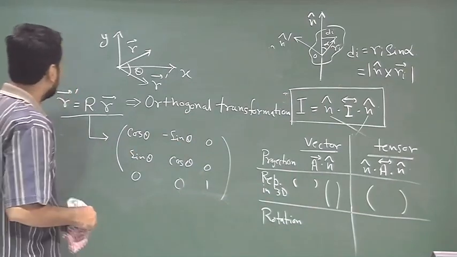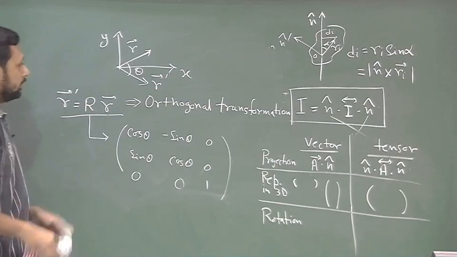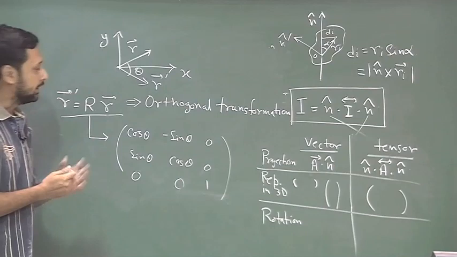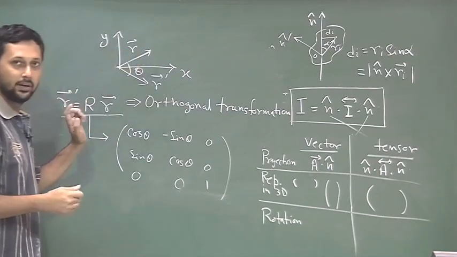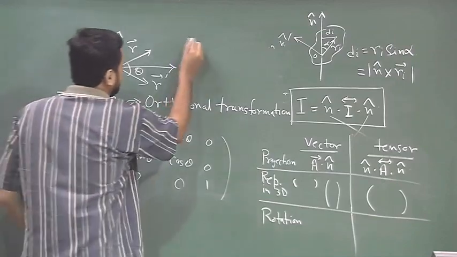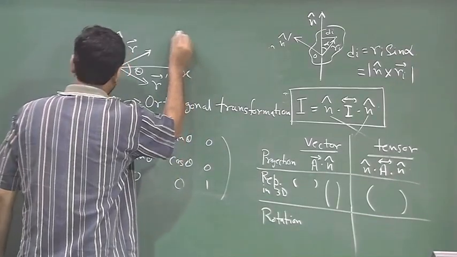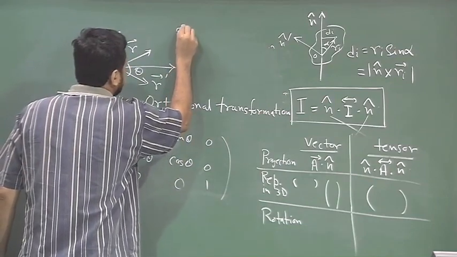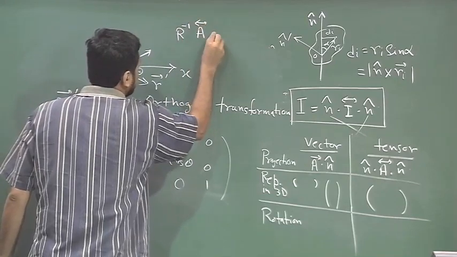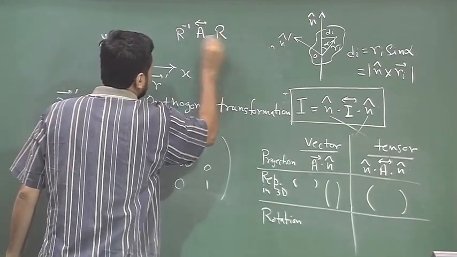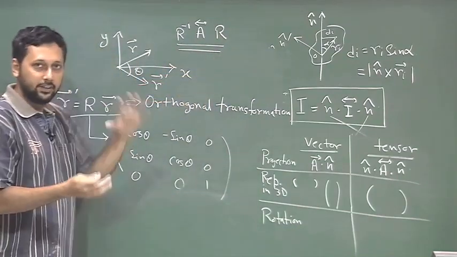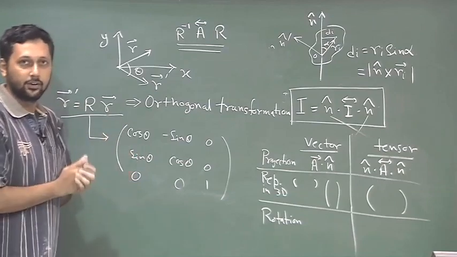But what is important is, if we want to rotate a tensor in 3D, how do we go about it? We cannot represent a tensor with an arrow like this, but you have to trust me on this, that a tensor in 3D is rotated by the following transformation. If A is the tensor, then this is the transformation that rotates a tensor in a 3D coordinate system.